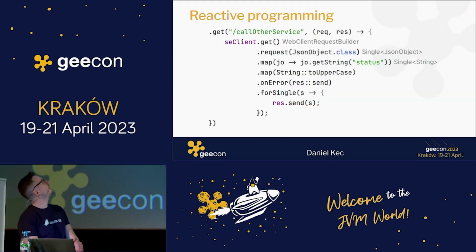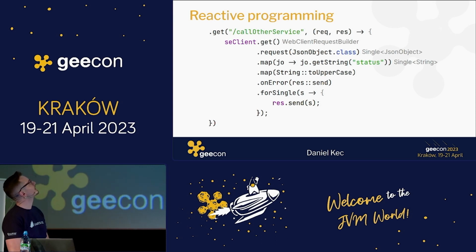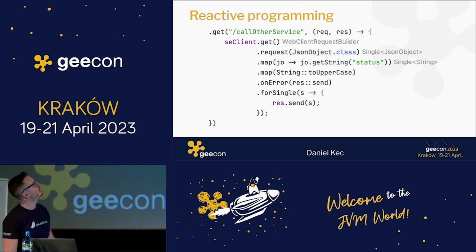But yeah, this is an example from Helidon SE. That's how we do reactive programming with our operators. So here is the reactive endpoint. It's a REST resource GET, and when it's called, we call the REST client, which calls another service, and we want to get a JSON object from it, get the status out of that, make it uppercase, and then send the response.